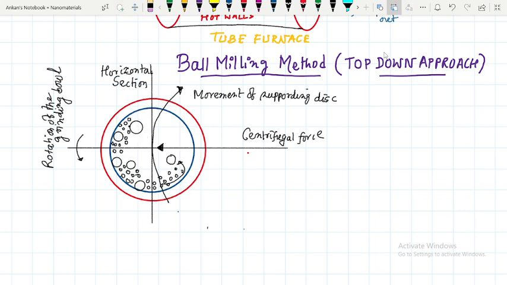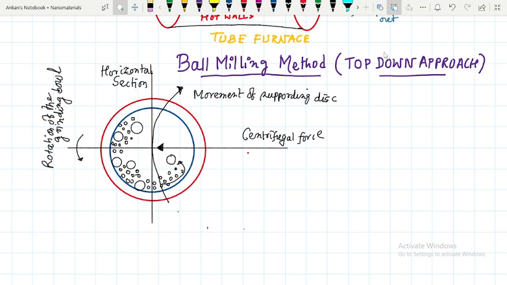With further grinding, these get even smaller. But we should keep in mind that we have to stop the grinding procedure as soon as the nanomaterials get formed. So we have to stop the mechanism.